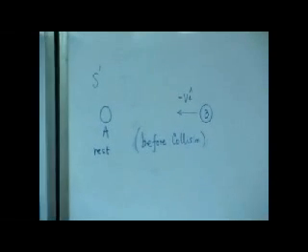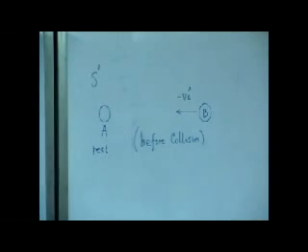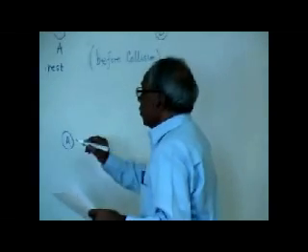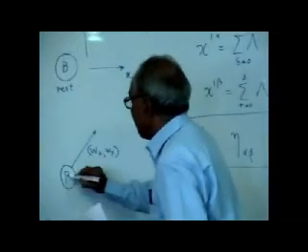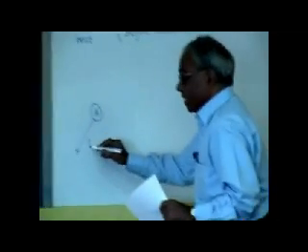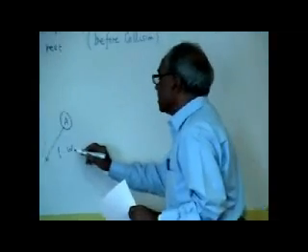I am considering an absolutely symmetric situation here. So after collision, A will, just like B moved in this direction, move in this direction with minus Wx.